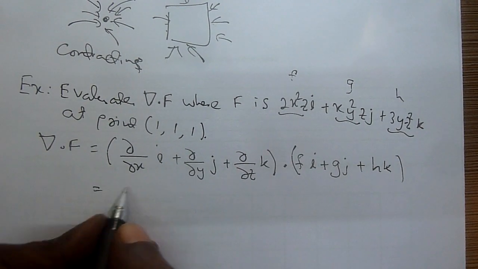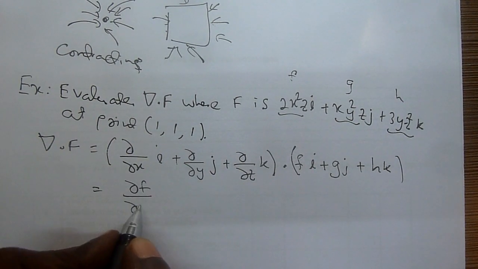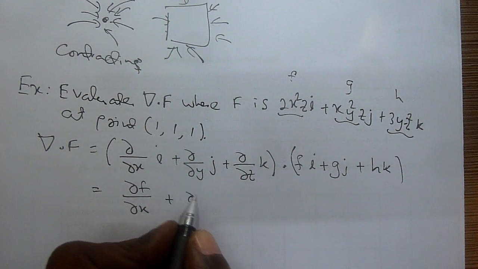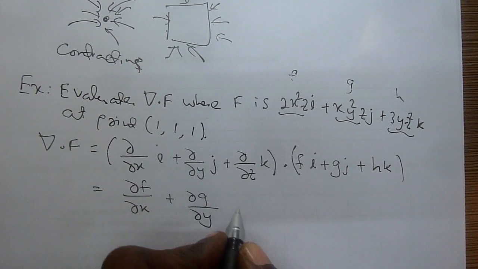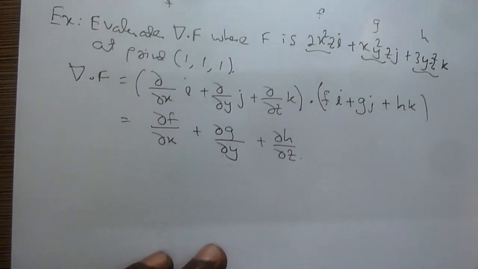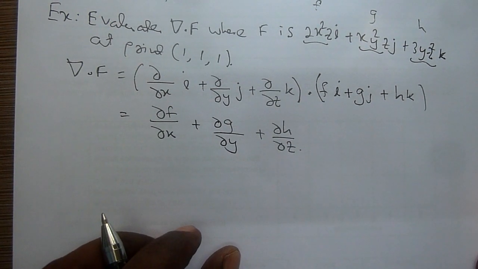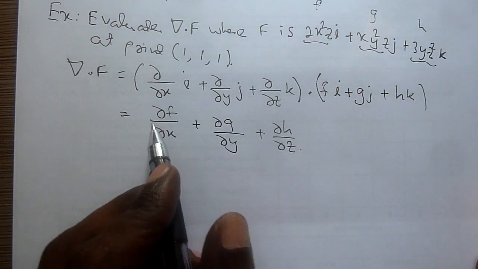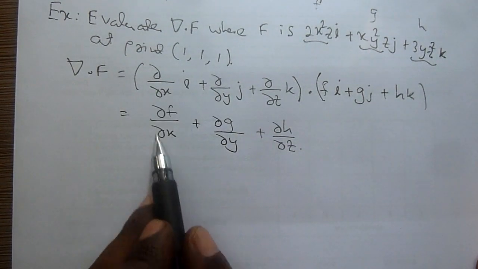As I said earlier, del f over del x, del g over del y, del h over del z. Therefore this is very simple to work with, right?